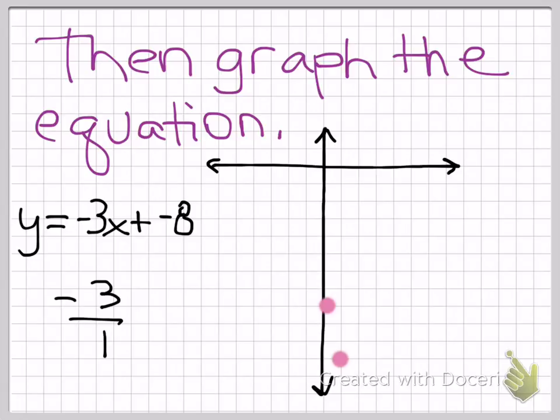And if I can't fit any more points, I'm going to go back to my starting point, which was at negative 8, and I'm going to continue doing the opposite of what I started with. So instead of down 3 to the right 1, I'm going to go up 3 to the left 1 to get one more point. And then I'm going to draw my line.